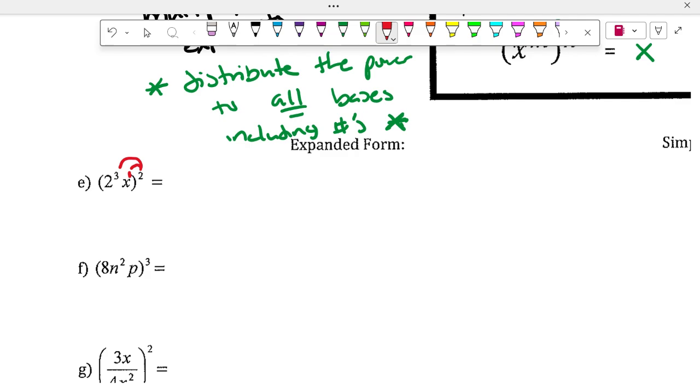So 2 cubed becomes what? 2 to the 6. X becomes what? So if I simplify that a little more, because we know what 2 to the 6 is, it's what? It's 64 squared.